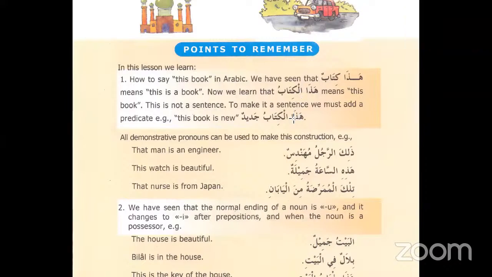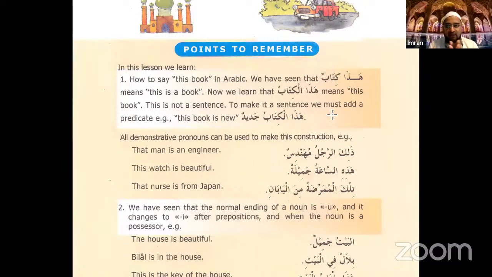Because it's coming with alif lam, whenever the word after hadha or dhalika comes with alif lam, both of them together become one word, one phrase. That's the reason why we translate it as this book, not this is a book or this is the book, but this book. And then we need to add a khabar, which will be indefinite without alif lam, and that word jadidun will come as the khabar. Look at the translation: this book is new.